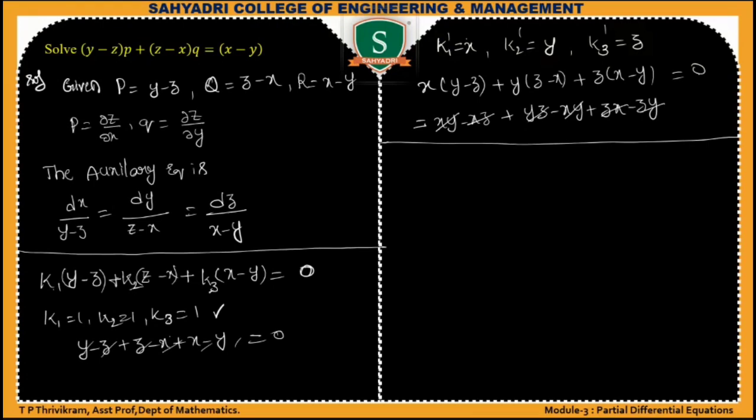Once you find k1, k2, k3 and k1 dash, k2 dash and k3 dash, we take this as equation 1 and use the ratio and proportion property.